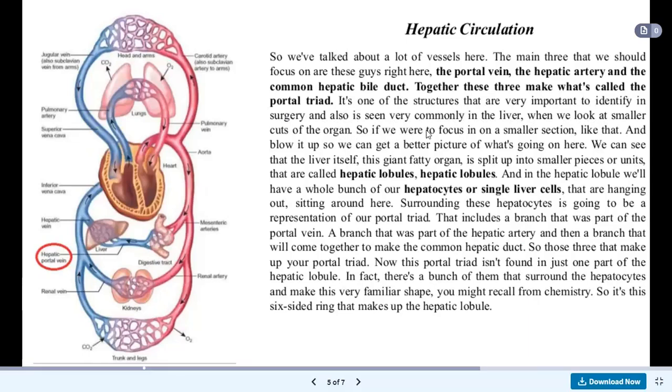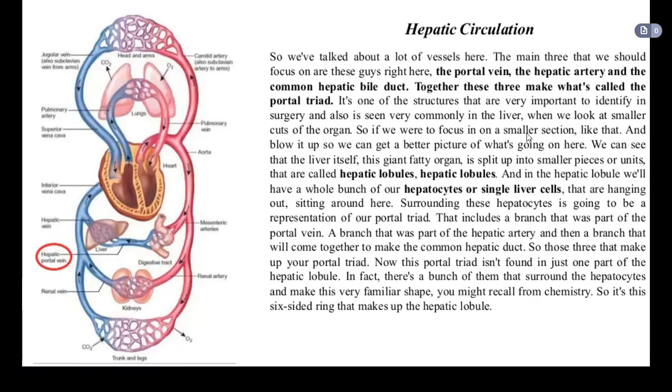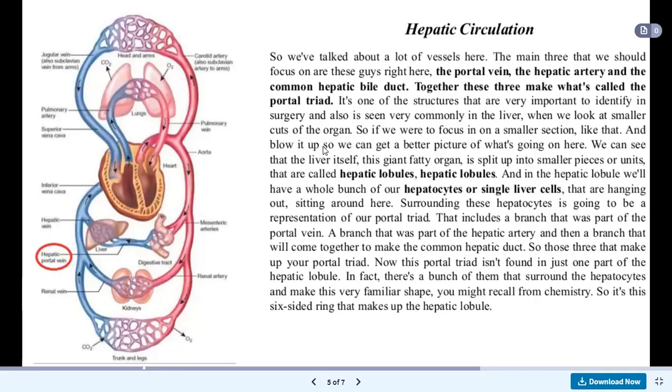So if we focus on a smaller section of the liver and blow it up, we get a better picture, which I showed you in the previous slide. The liver itself is a giant fatty organ, and it's split up into smaller units called hepatic lobules.